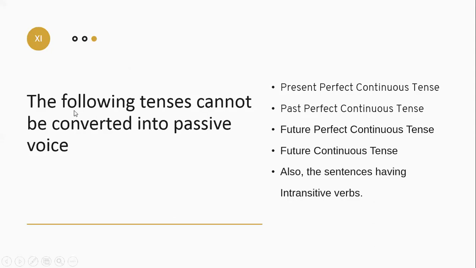But in passive voice, of course, the following tenses cannot be converted into passive. So you need to keep this in mind. Okay. So we don't have present perfect continuous, past perfect continuous, future perfect continuous, future continuous. Also, sentences having intransitive verbs. Okay.